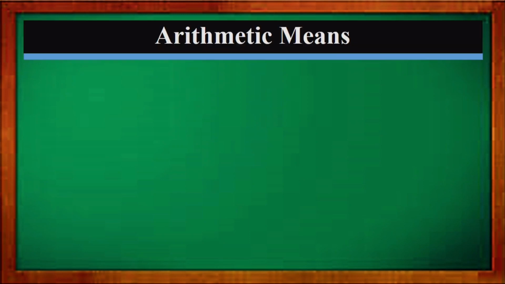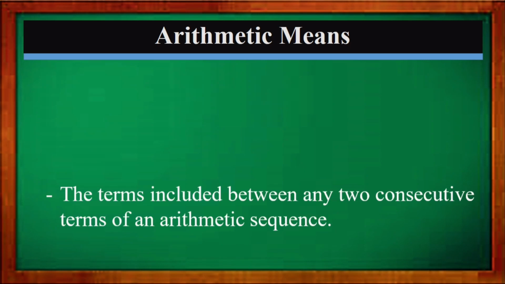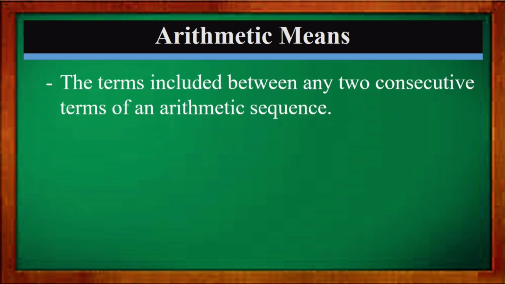Under arithmetic sequence, we also have to study what we call arithmetic means. So what do we mean by arithmetic means? It is simply the terms included between any two consecutive terms of an arithmetic sequence.